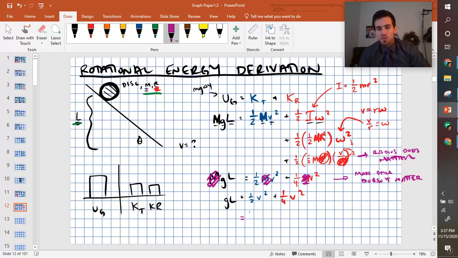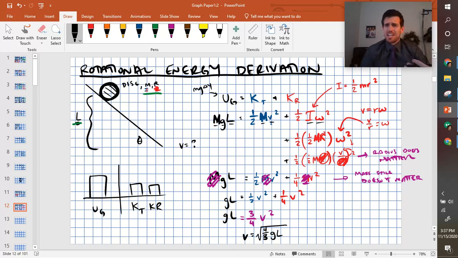And 1/2 plus 1/4 equals 3/4. 3/4 V squared equals GL. And if I'm trying to get V by itself, it'll work out that V equals the square root of 4/3 GL, if we just solve for V. So that's how you do the derivation.